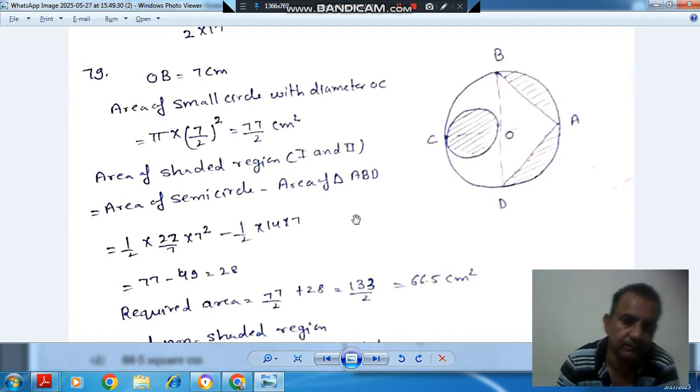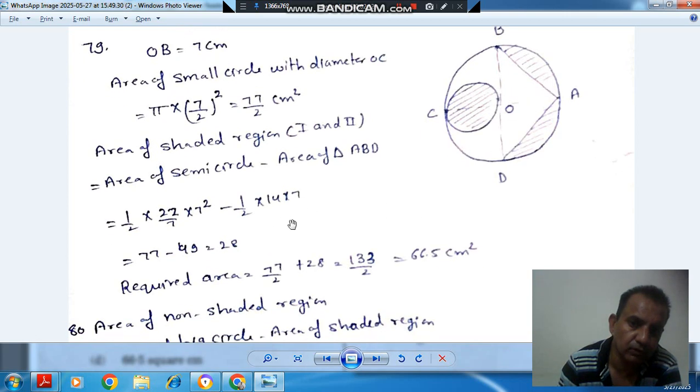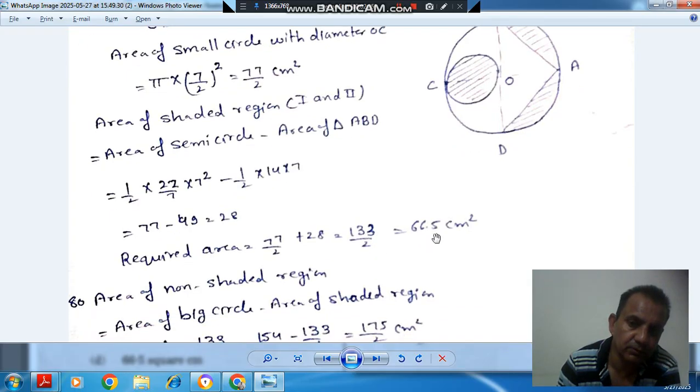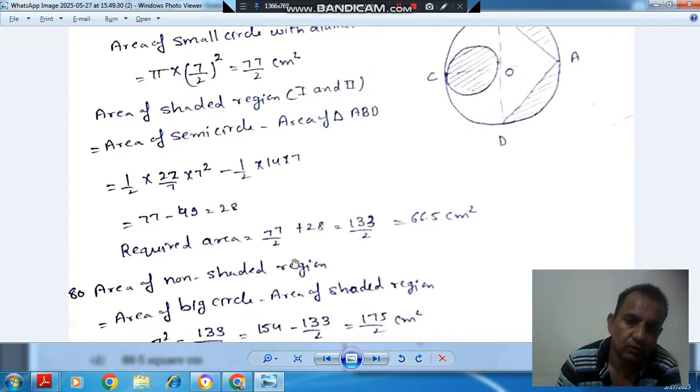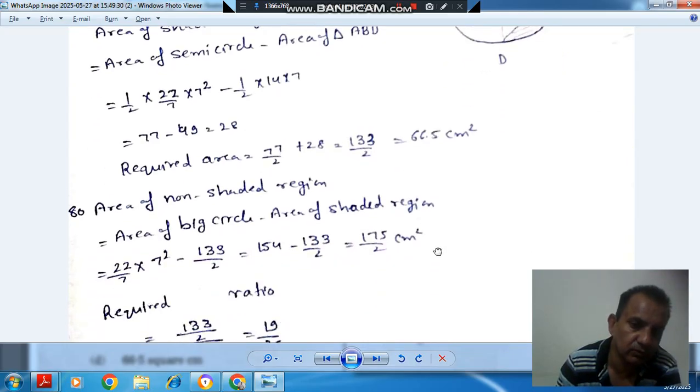And OB is 7, so BD will be 14, and this is 7, so the area of the triangle is base into perpendicular by 2, that is 1 by 2 into 14 into 7, which as we solve will be 28. So the total shaded area will be 77 by 2 plus 28, that is 133 by 2, or 66.5 centimeters.